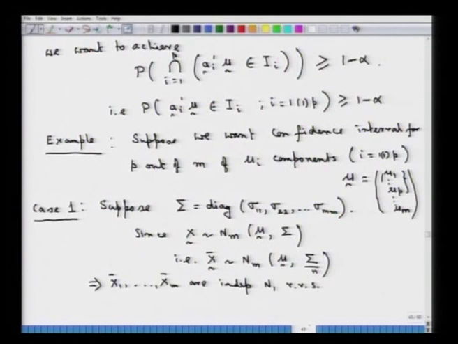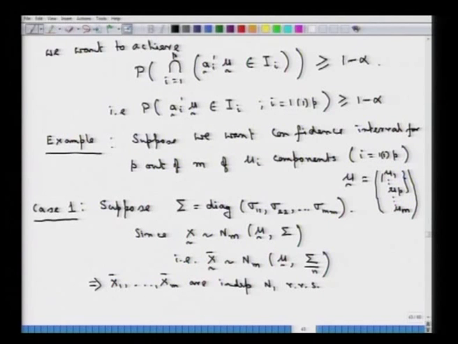What we had seen in the last lecture was we had taken a specific example of these linear combinations ai prime mu terms, and we had taken those linear combinations as p components mu 1, mu 2, mu p. Without loss of generality, we take the first p of them, and we were looking at two different cases under which such simultaneous joint confidence intervals may be derived.